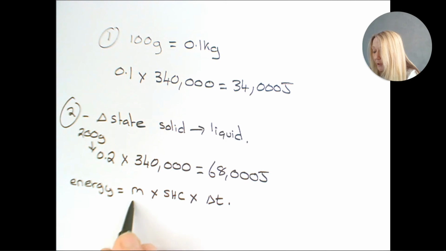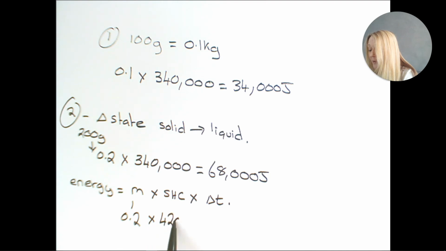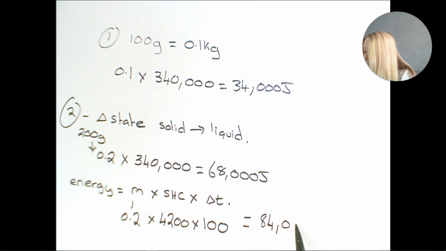So we know the mass was 0.2, and we're then going to times that by the specific heat capacity of water, which is 4,200, and the temperature changed from 0 to 100 degrees. So the change of temperature was 100. And that gives us the energy needed to change the temperature of 84,000 joules.